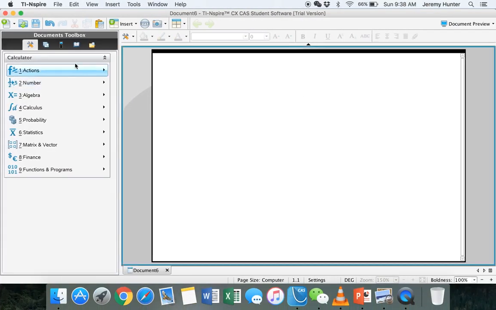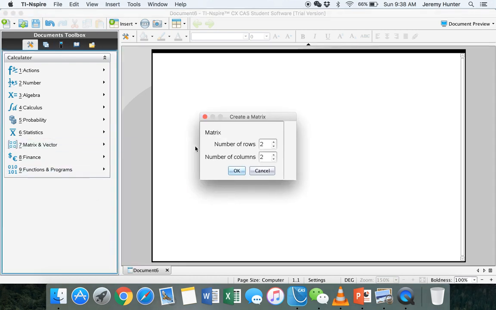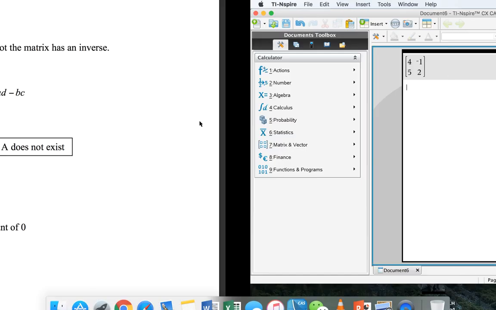If we have a look at a matrix, remember it has to be a square matrix, and we're dealing with 2 by 2s at the moment. Let's do 4, negative 1, 5, and let's do 2. I'm just going to press enter so that we can see it. Now let's think about what the determinant is.